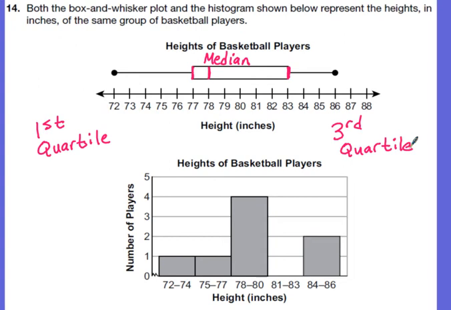So again, the left whisker should always go all the way to the lowest number in the whole data set. The right whisker will always extend out to the highest number in the data set. The left edge of the box will be the median of just the lower half of the data. The right edge of the box will be the median of just the upper half, and the line in the box is the overall median, okay?